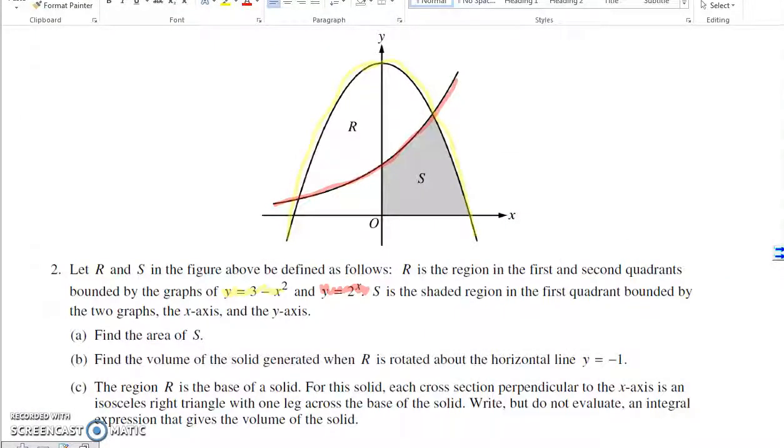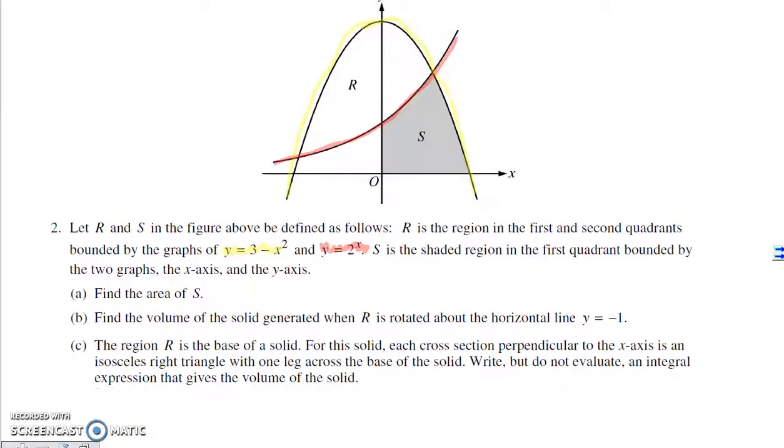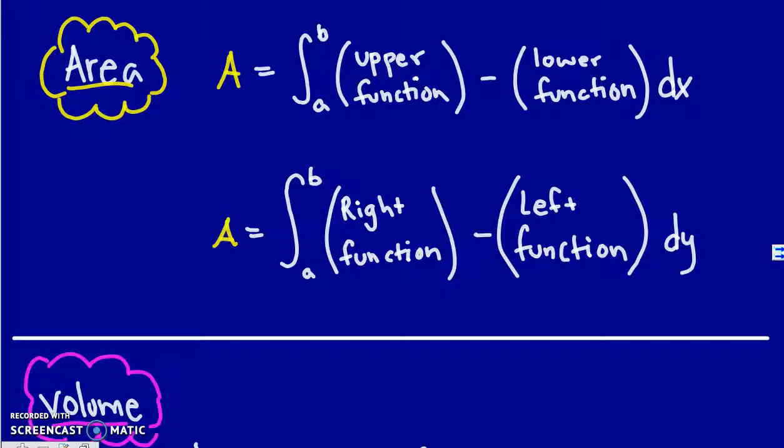So for part A, so 2A, you have to find the area. One thing that I want you guys to have cleared is that area does not require pi. Some of you guys were writing pi in your formula when you were finding area. So here's a quick reminder.